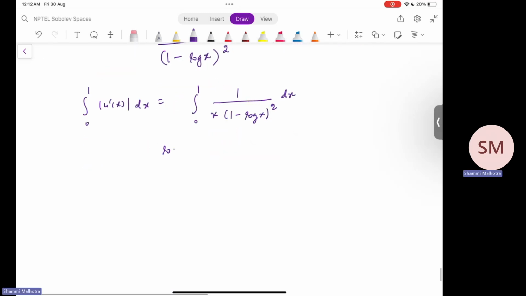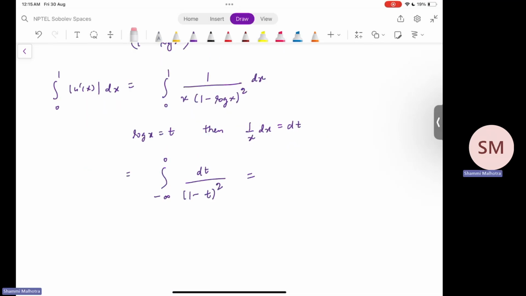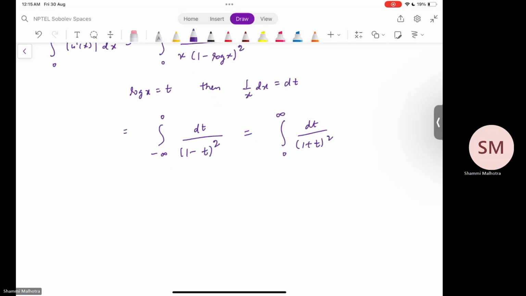So we take log x to be t, then 1 upon x dx equals dt, and this can be written as the integral from 0 to infinity of dt over (1 plus t) squared, which is minus 1 upon 1 plus t from infinity to 0, and this is 1 only, and it is finite.